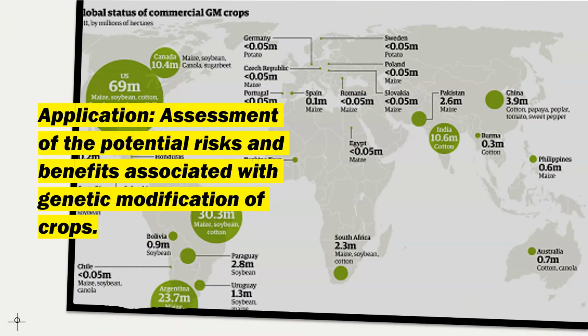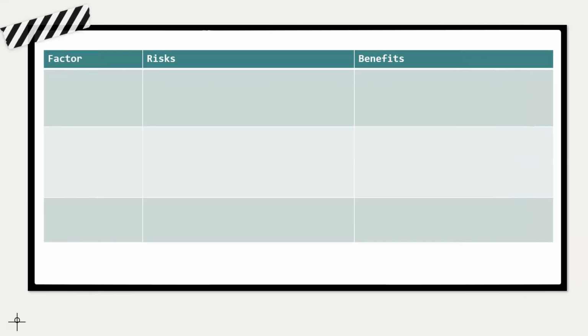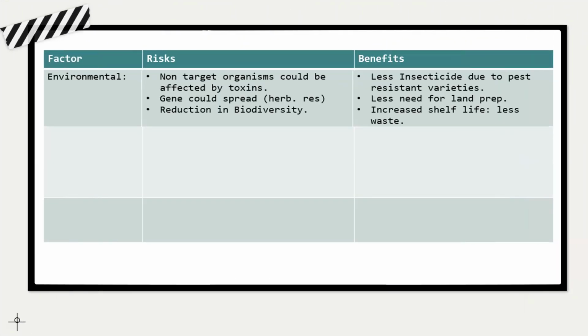Our next application is the assessment of potential risks and benefits associated with the genetic modification of crops. With each of these factors, we've got our risks and our benefits. First up, if we're thinking genetically modified crops, we've got our environmental factor. The risks are that non-target organisms could be affected by toxins.